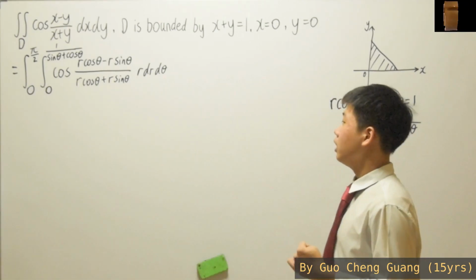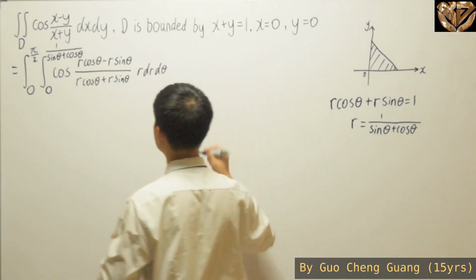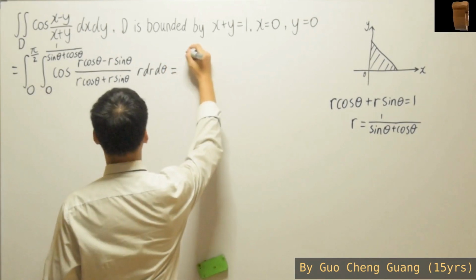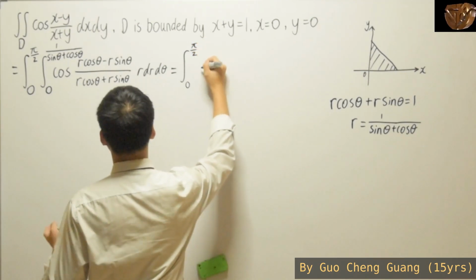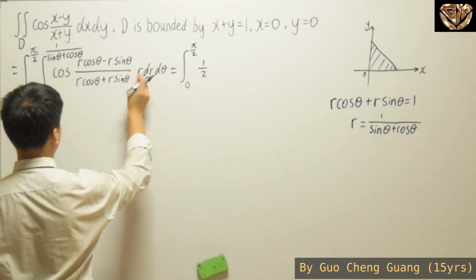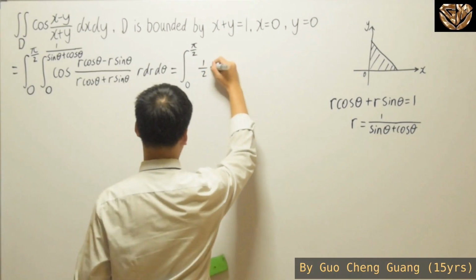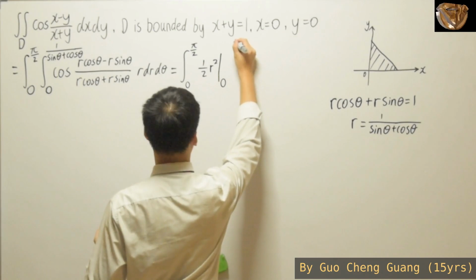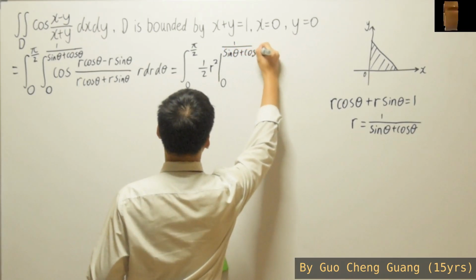Now, if you realize, all inside here would actually simplify. That means we could bring out the terms of r to solve independently. You just have r dr with this integration, which gives half r squared, and then substituting the values 0 to 1 over sine theta plus cosine theta.